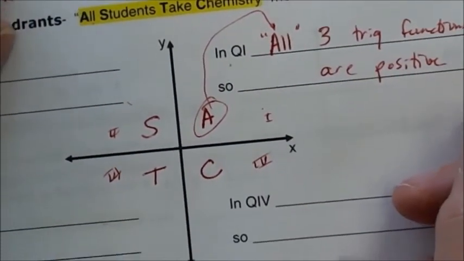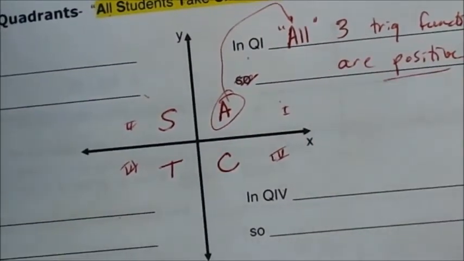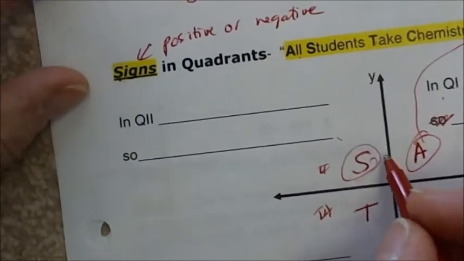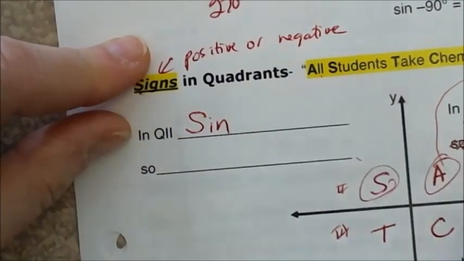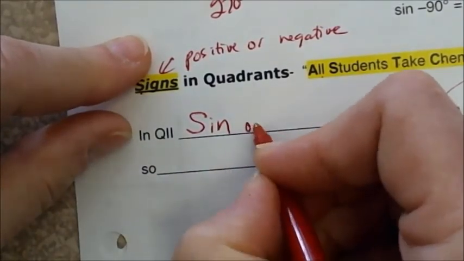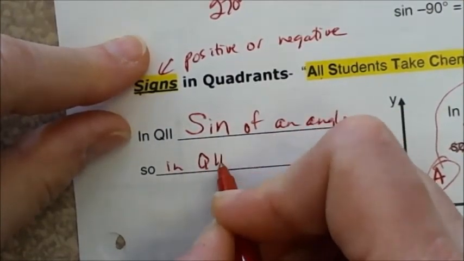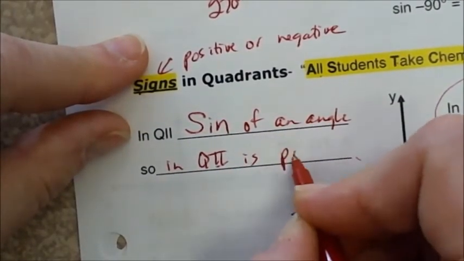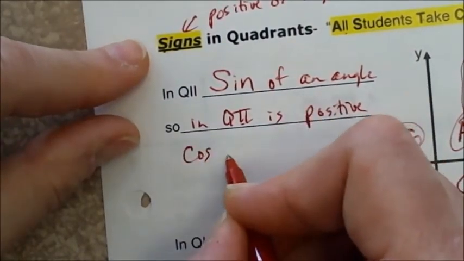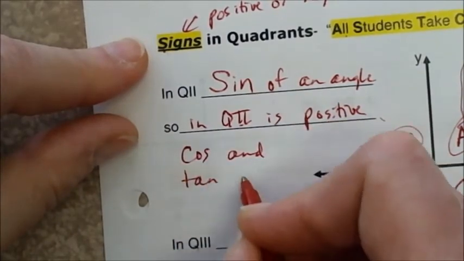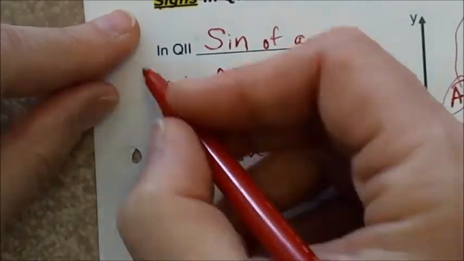S stands for sine. Not this sign, but the sine of an angle in quadrant 2 is positive. Only the sine. Cosine and tangent are negative in quadrant 2.